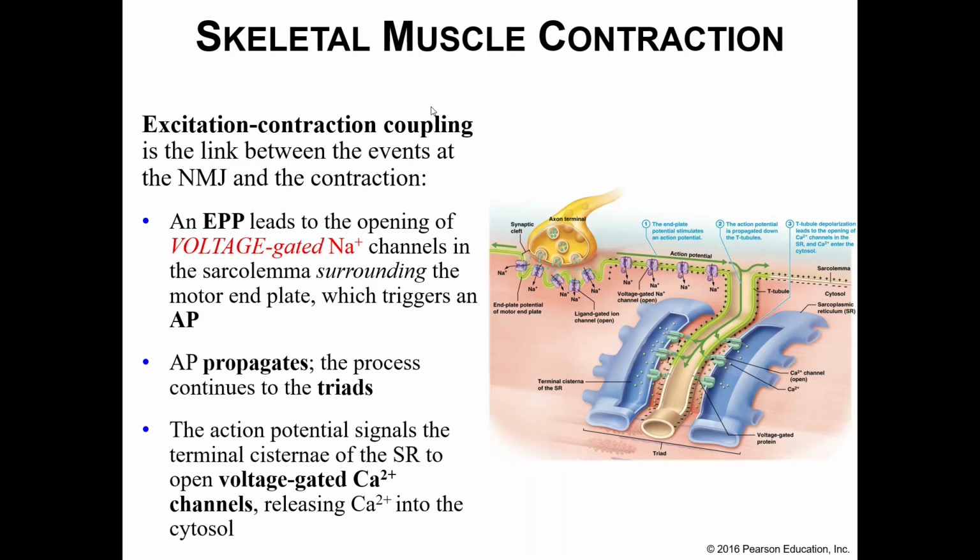Now, excitation-contraction coupling. This is where we turn an action potential from your nervous system into an action potential on your sarcolemma. Those EPPs that we just talked about, bringing all of that sodium in at the motor end plate because we open ligand-gated sodium channels, change the membrane potential.